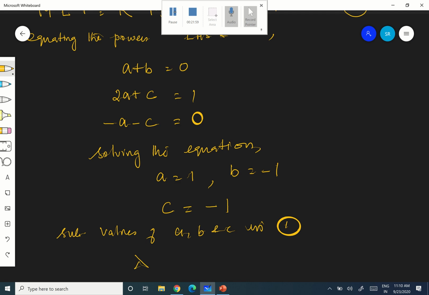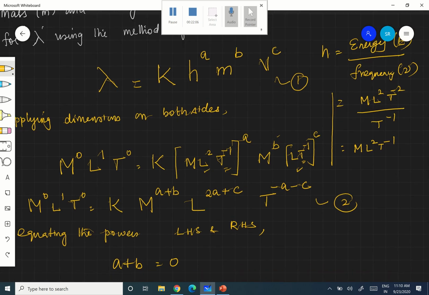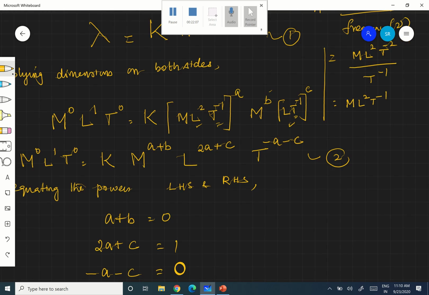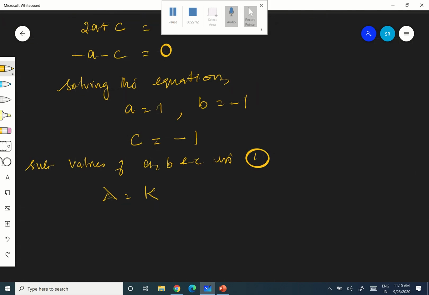Lambda is equal to k, h power a. a is 1, therefore h power 1. m power b, b is minus 1, m power minus 1.